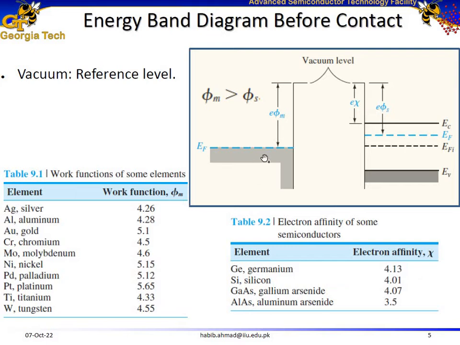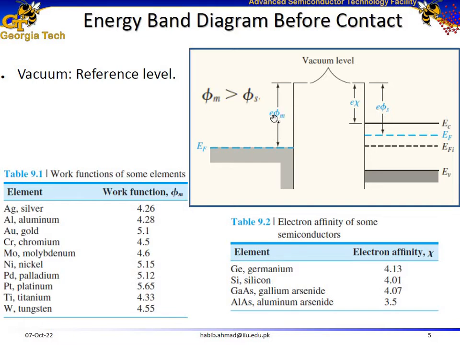And then the energy required to move an electron from the Fermi level to the vacuum level is called the work function of the metal, represented by phi m. And here we have listed the work function for different kinds of metals as well. For aluminum, for example, the work function of the metal is 4.3. This difference between the vacuum level and the Fermi level is called the work function, represented by phi m.